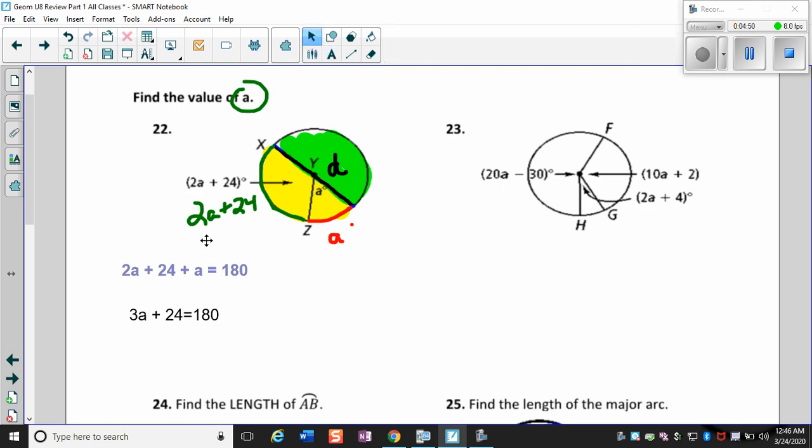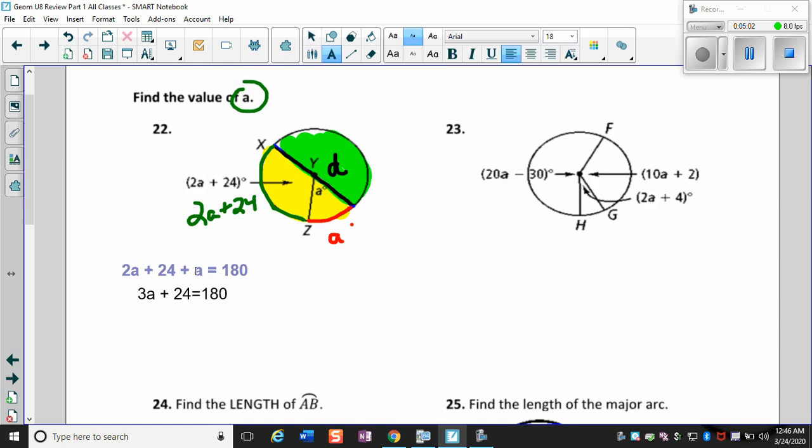From here, you want to subtract 24 from both sides, and we end up with 3A equals 156. The last thing you have to do is divide both sides by 3.